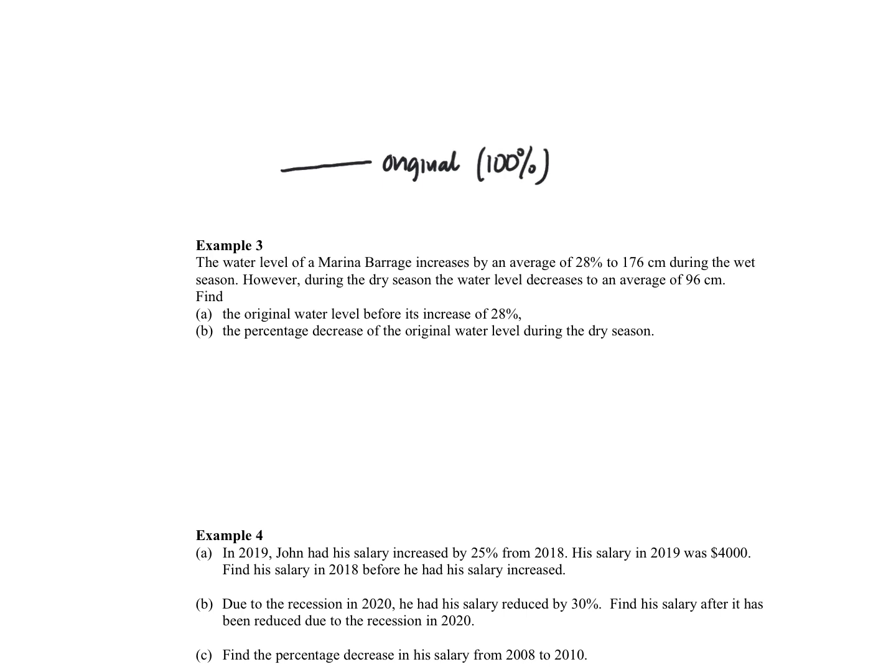During the wet season, this water level rises up by an additional 28% to a height of 176 cm. I don't know where it extends to, so probably somewhere here. And then this is the original. So now the question says, can you go and find the original for me?